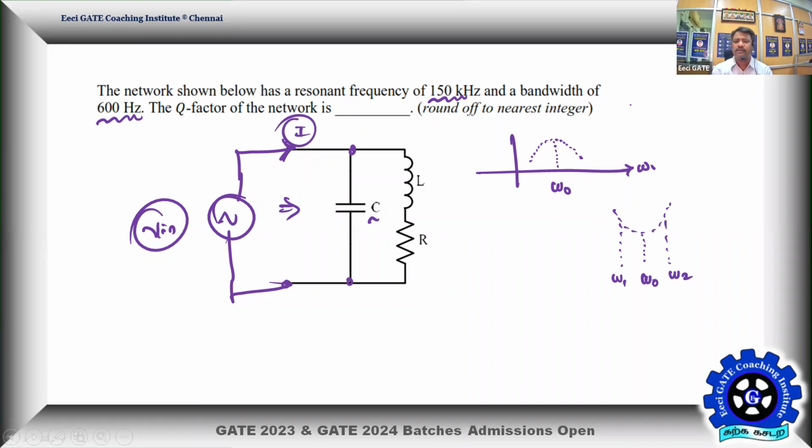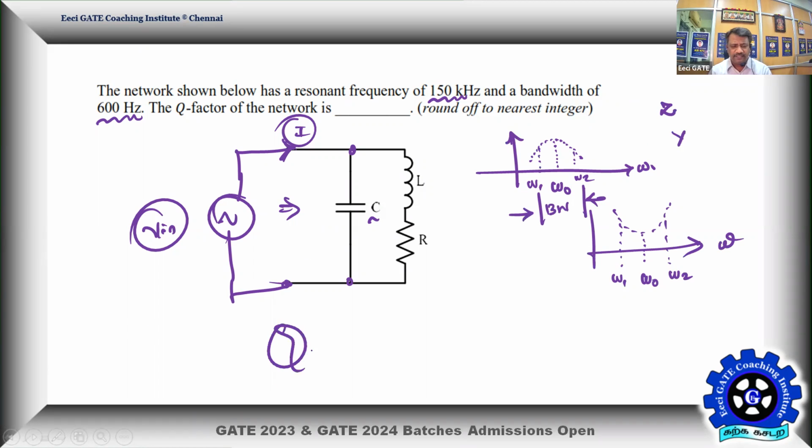Depending on what you take, sometimes Z, sometimes Y, you will get different shapes. I'm not talking about the Y axis; this is the omega axis. This is what we call the bandwidth: omega 2 minus omega 1, upper cutoff minus lower cutoff.